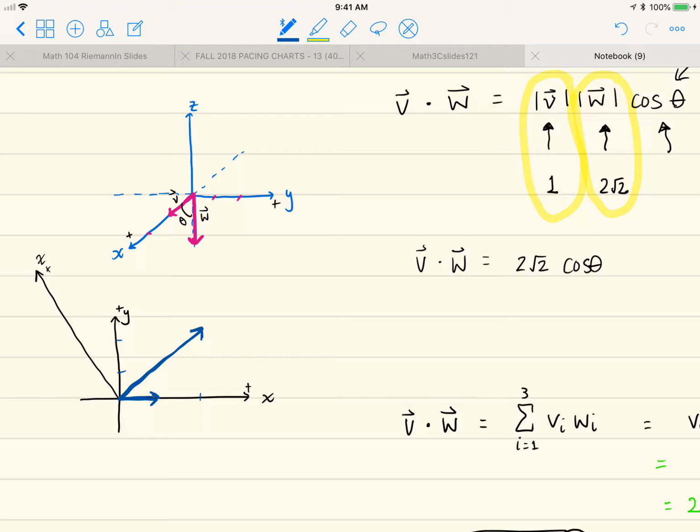Now you see that since the z component, the k component, is 0 for both of these vectors, we can really look at them as vectors in 2D space, because they're both in that xy plane.